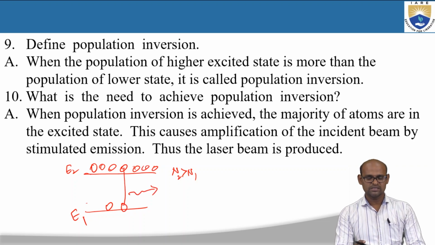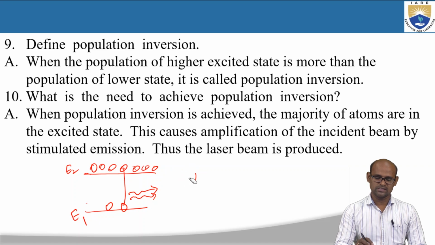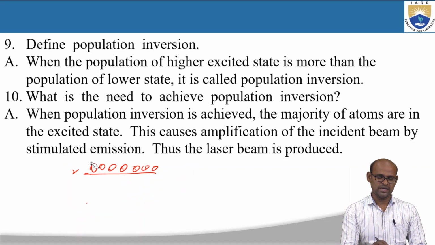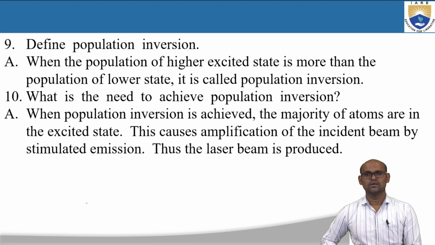Whenever there is stimulated emission, the atoms will emit coherent photons, and these coherent photons are in phase. They will undergo constructive interference and intensity will increase. You will get amplification of light. So that is the reason why we need population inversion to get amplification of light through stimulated emission.